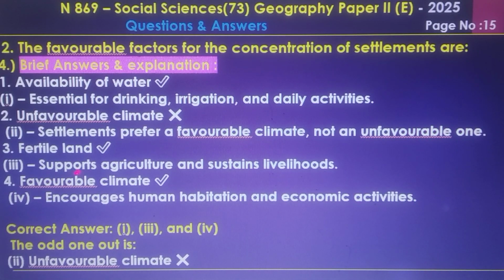And the third one, fertile land supports agriculture and sustains livelihoods. And the fourth one, favorable climate, that is right. And it encourages human habitation and economic activities. The correct answer is 1, 3 and 4, and the odd one out is the unfavorable climate.